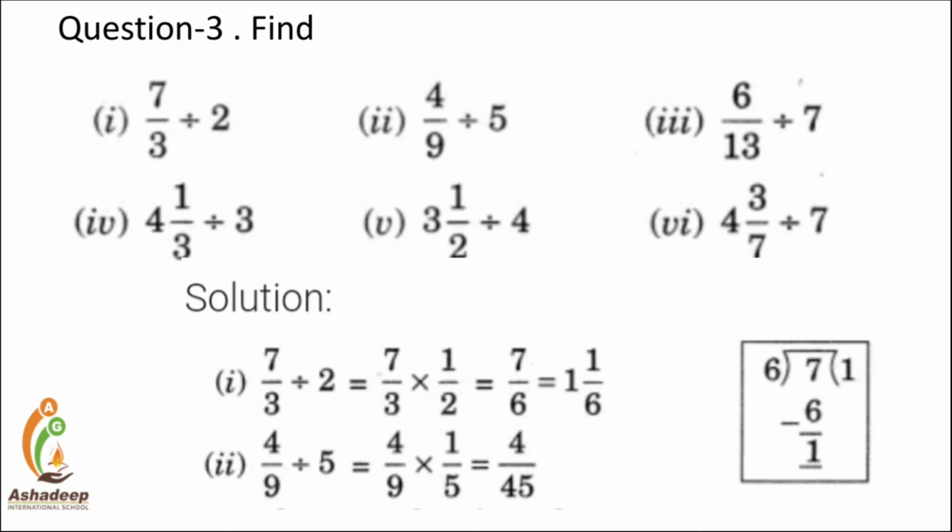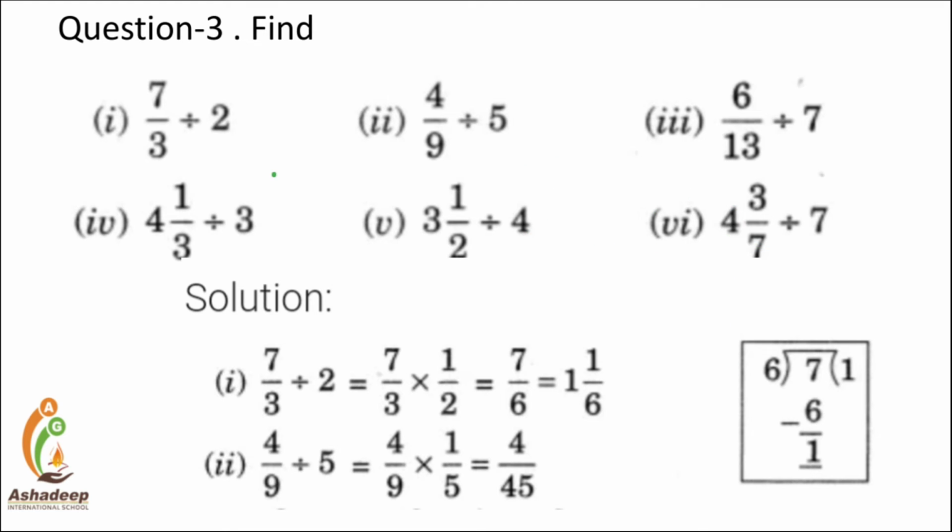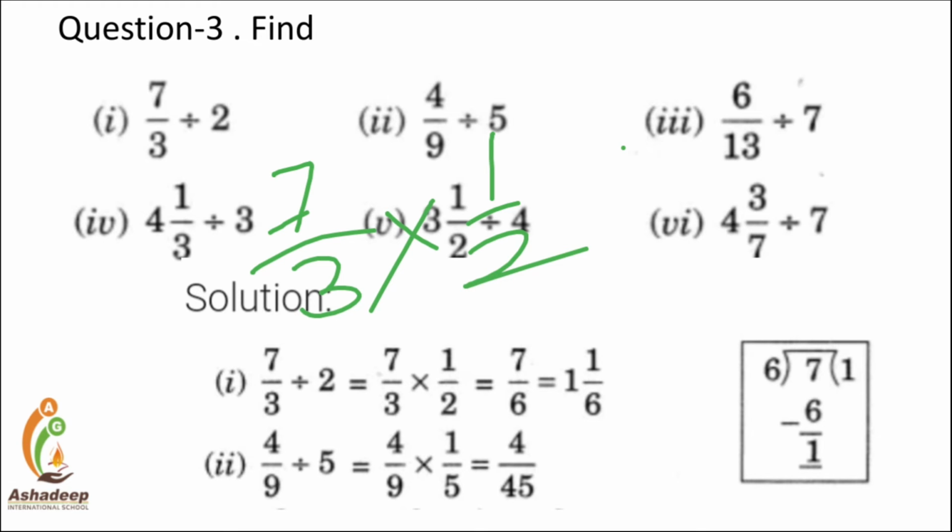Because all numbers are divisible by 1, so we can keep the denominator as 1. So 7 upon 3 divided by 2. Here we can write 2 upon 1. So 7 upon 3 multiplied by 1 upon 2, so 7 upon 6.